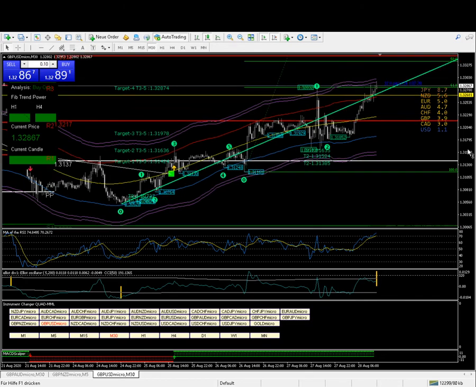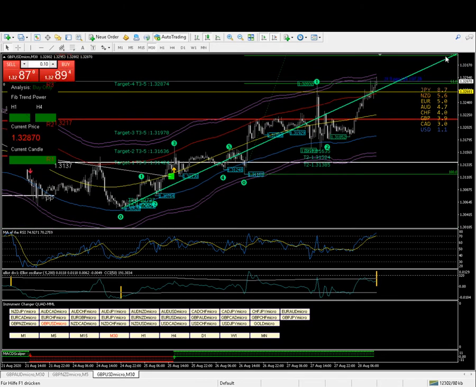We also look at the Fibonacci numbers. That was in the past. I don't know where the numbers are, but if here is a 61.8 line, that means it's a very, very strong resistant line.